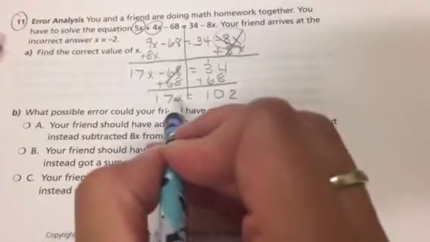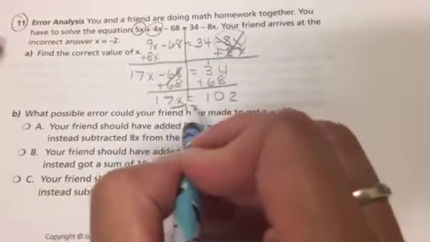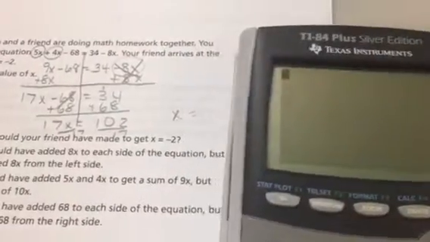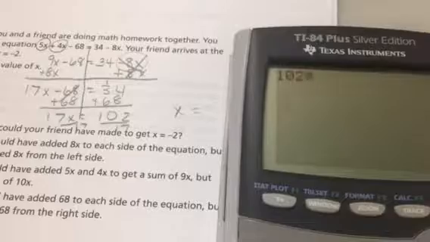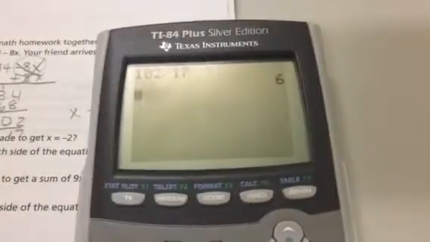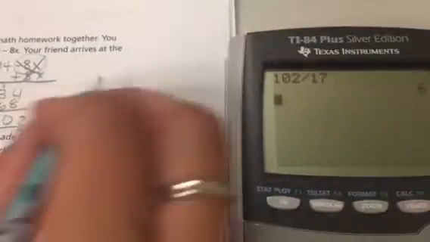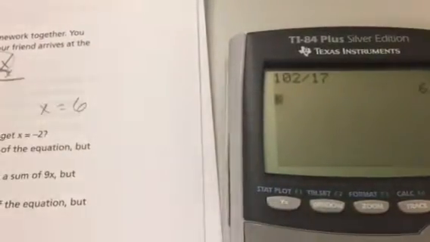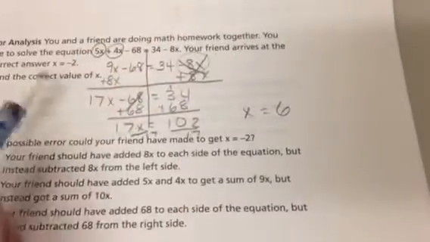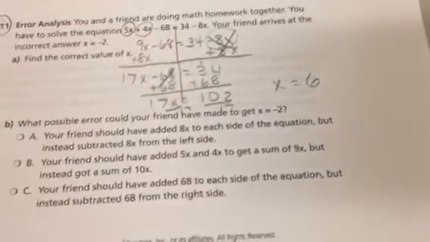Okay, to find the value of x, we'd have to divide by 17 on both sides. Check that in your calculator. 102 divided by 17 would give me 6. So the correct value is x equals 6, but our friend got x equals -2.